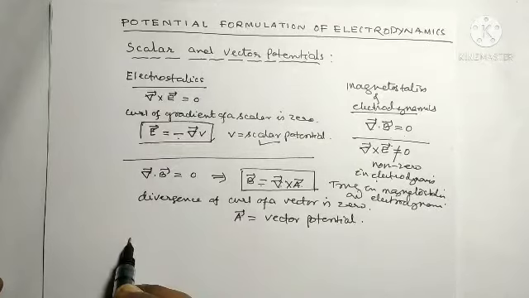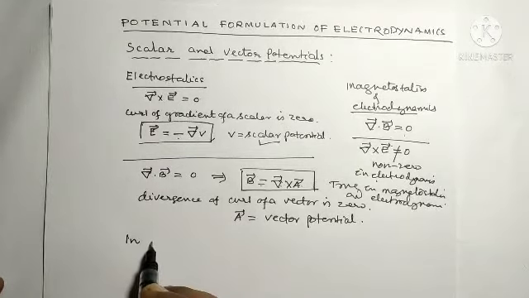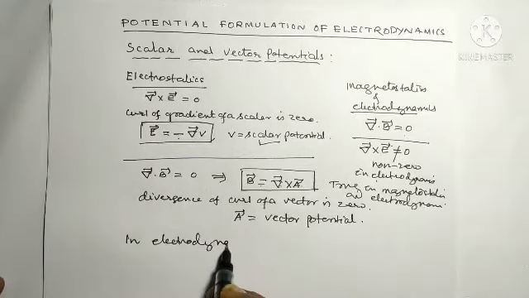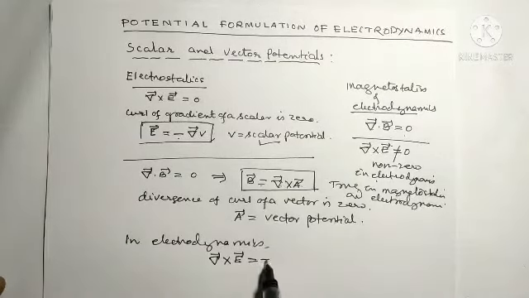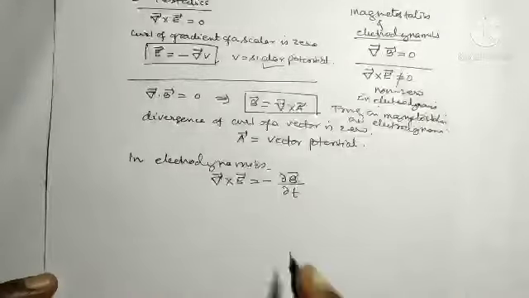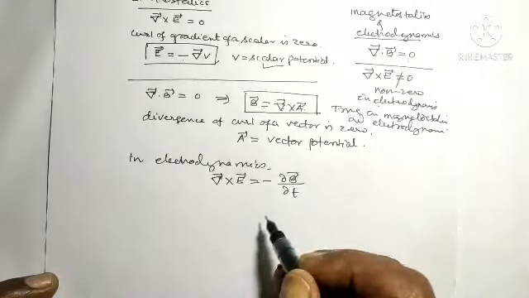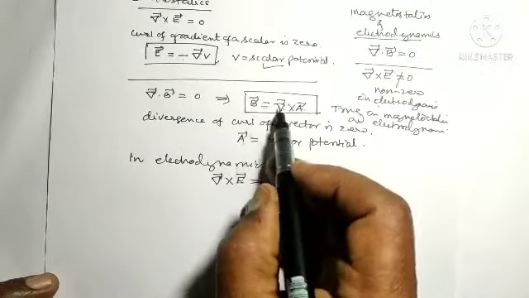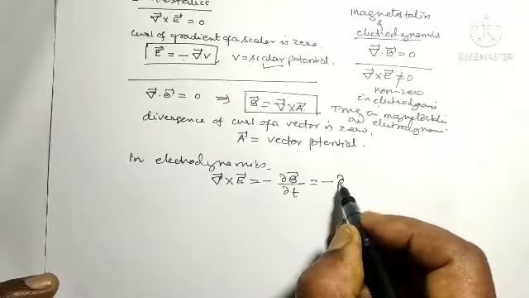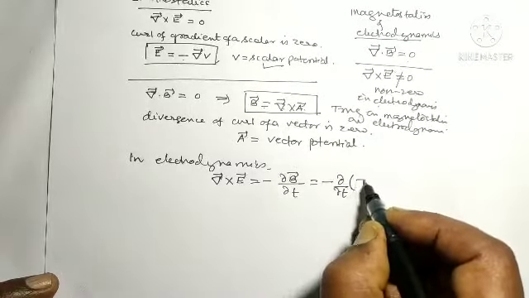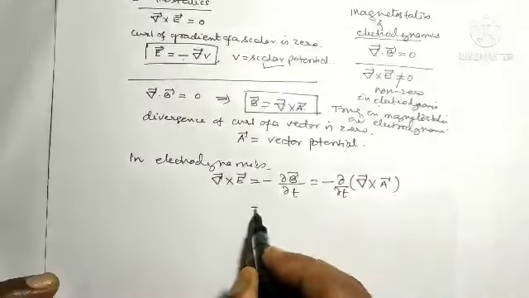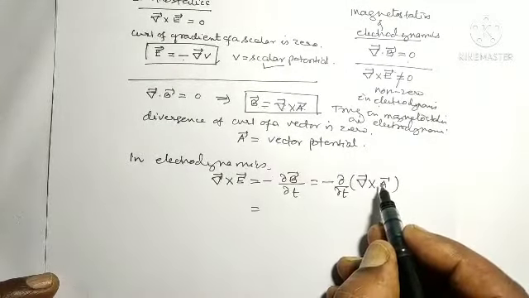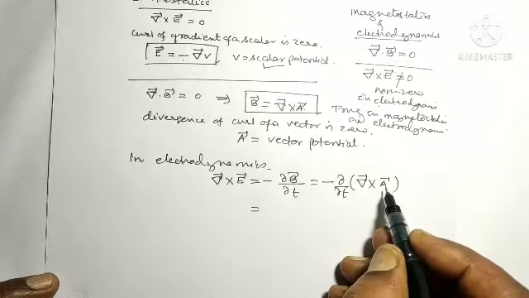So in electrodynamics, we have Faraday's law, that is curl E is equal to minus del B by del t. Here B is the time varying field. So now we put B equal to curl A in this expression. So this is minus del by del t of del cross A. A is the vector potential, which is also time varying.